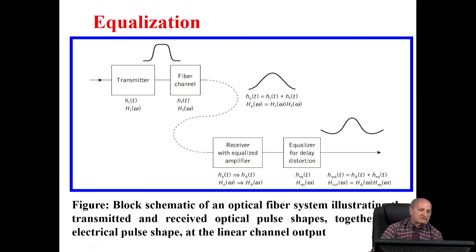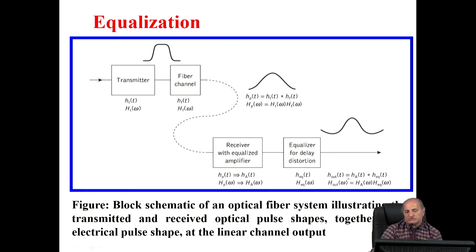Equalization is similar to the equalization used in any conventional communication. When the signal is passed through any block of the communication system, the block is characterized by impulse response and transfer function.